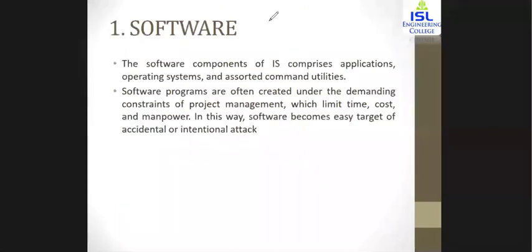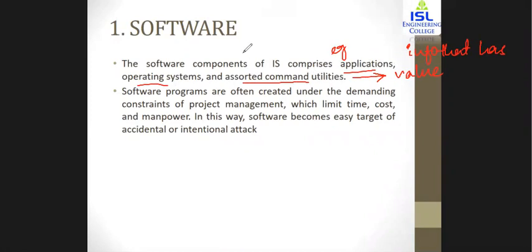Now, coming on to the first part, that is software. Now this software component, the different examples for software can be any application, or an operating system, or any assorted command utilities. Now what are utilities? Utilities means anything that has value, information that has value. When you're using it in a certain way, it gives you value.